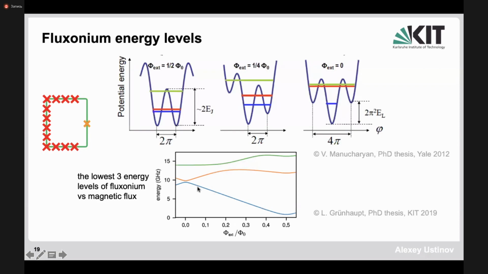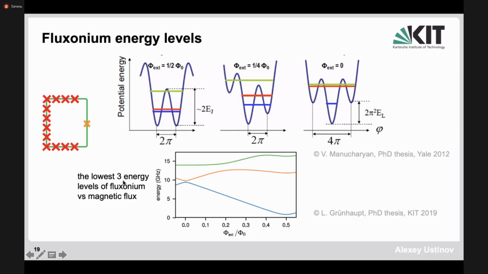So the result of diagonalization of the three lowest eigenstates in the Hamiltonian is shown here. So you start from zero flux, and then you have... no, wait. Something is wrong here. No, it's correct.